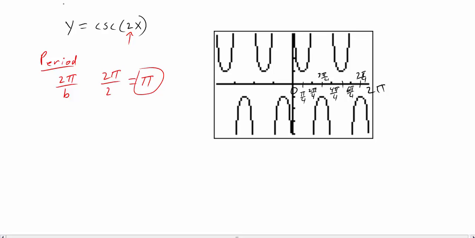So what we're noticing is if we start at 0, and here's the graph of our cosecant, that's going to give us from here to here, which is 4 pi over 4, that's going to give us one period. So from 0 to pi, we're ending up with one complete period of this graph.